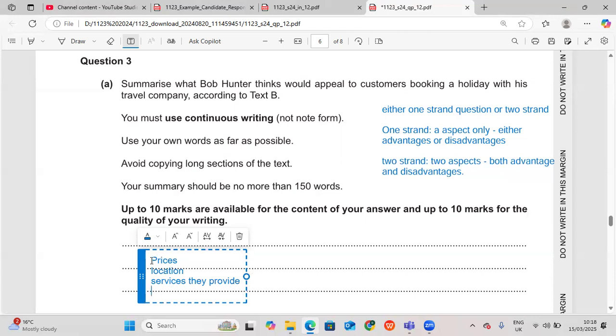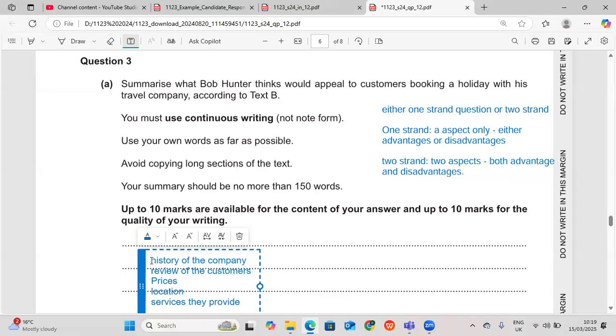One more thing we also look at is the history of the company: since when it was established, how many travels they have offered, and what the reviews of the customers are. Reviews of the customers are also important.